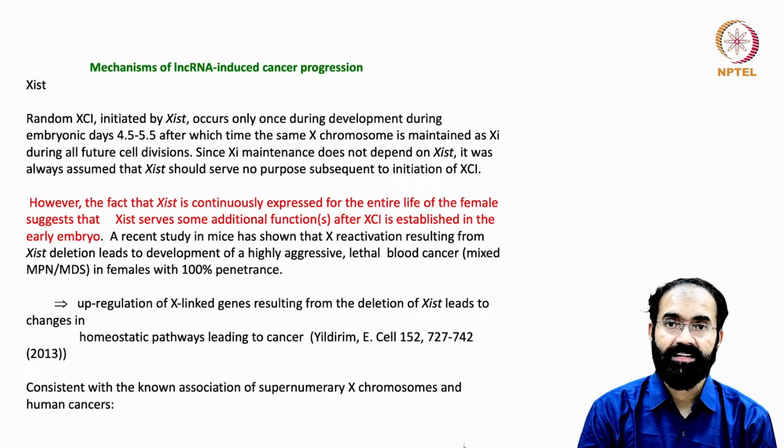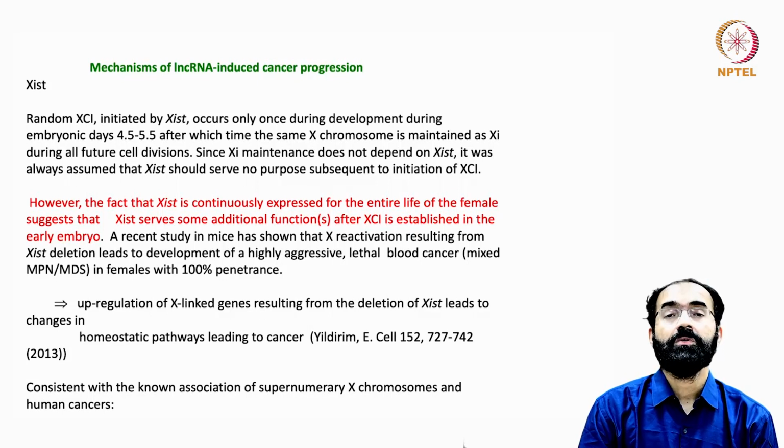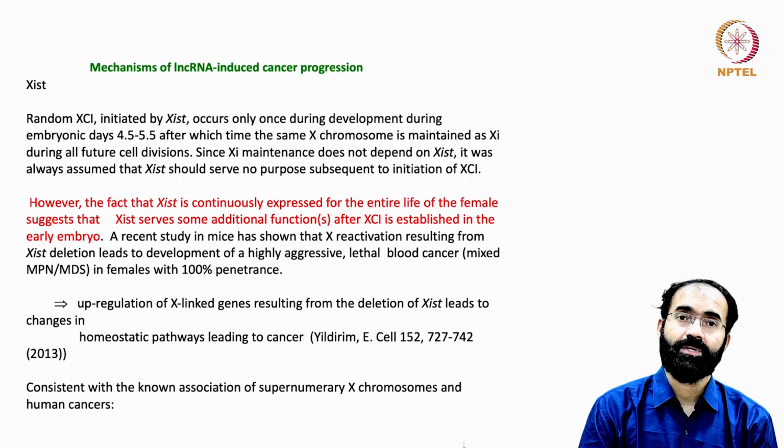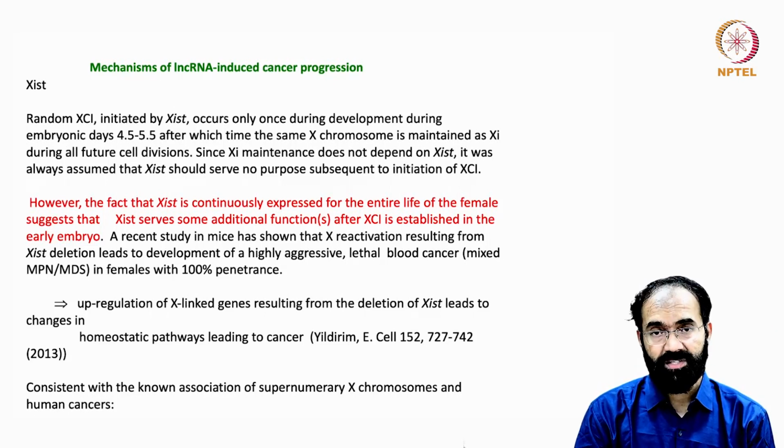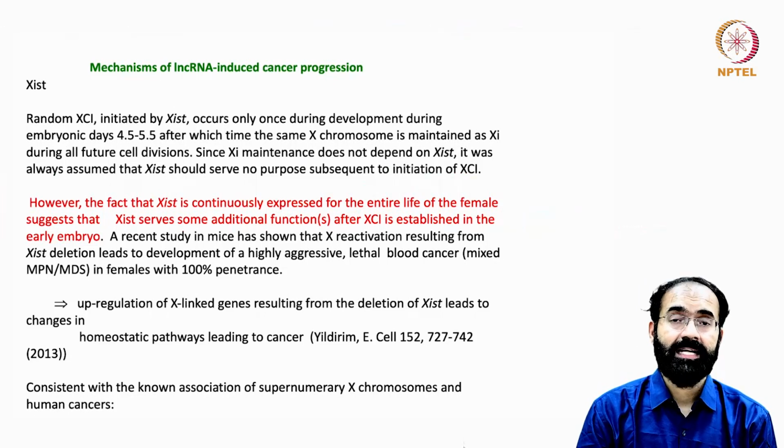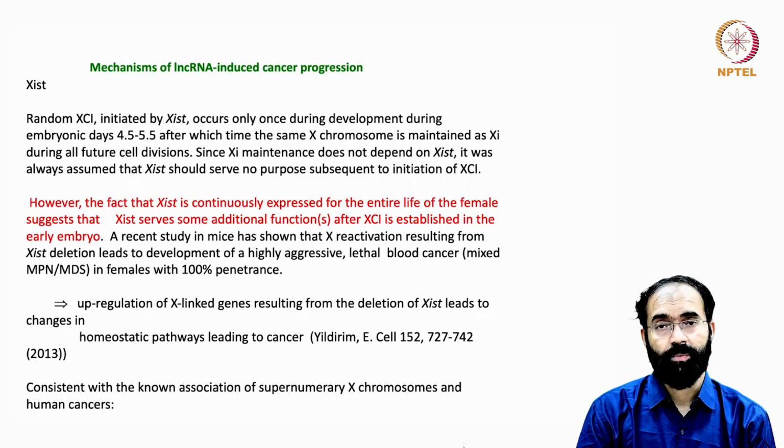Sometimes it can lead to cancer and sometimes it can lead to aberrant apoptosis. Either extreme is possible, and we have seen several examples of non-coding RNA that is governing the homeostasis and sometimes leading to formation of tumor.